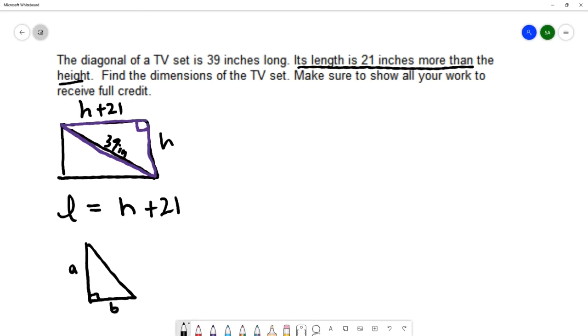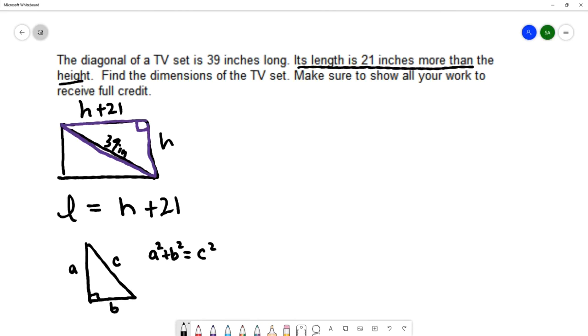We call those the legs. And then the side that's opposite the right angle, we call that the hypotenuse. And Pythagoras says that there's a relation between these sides, and the relation is that a squared plus b squared equals c squared.